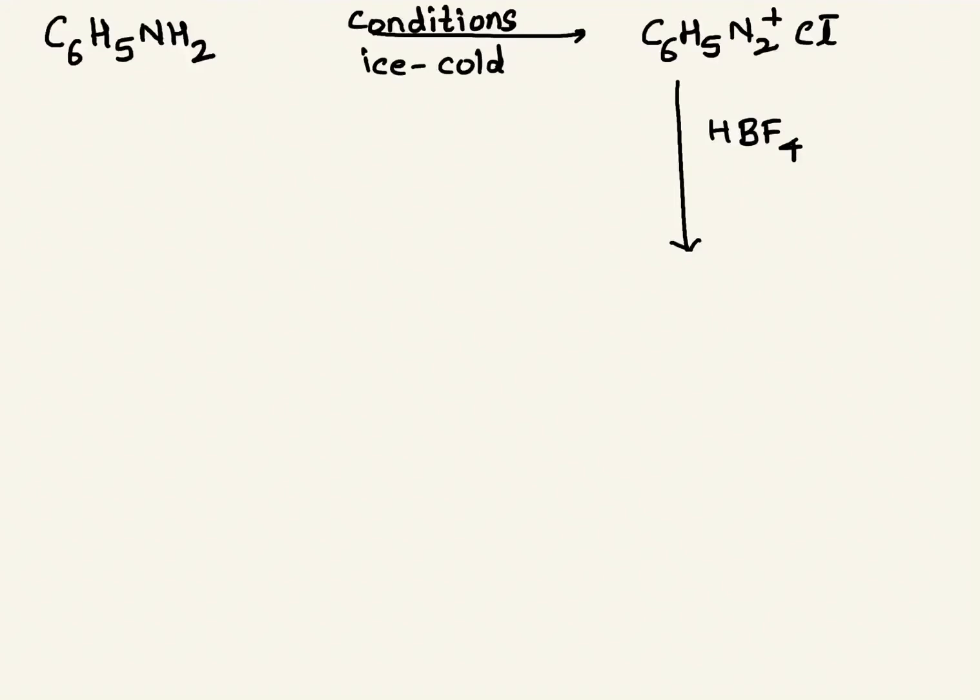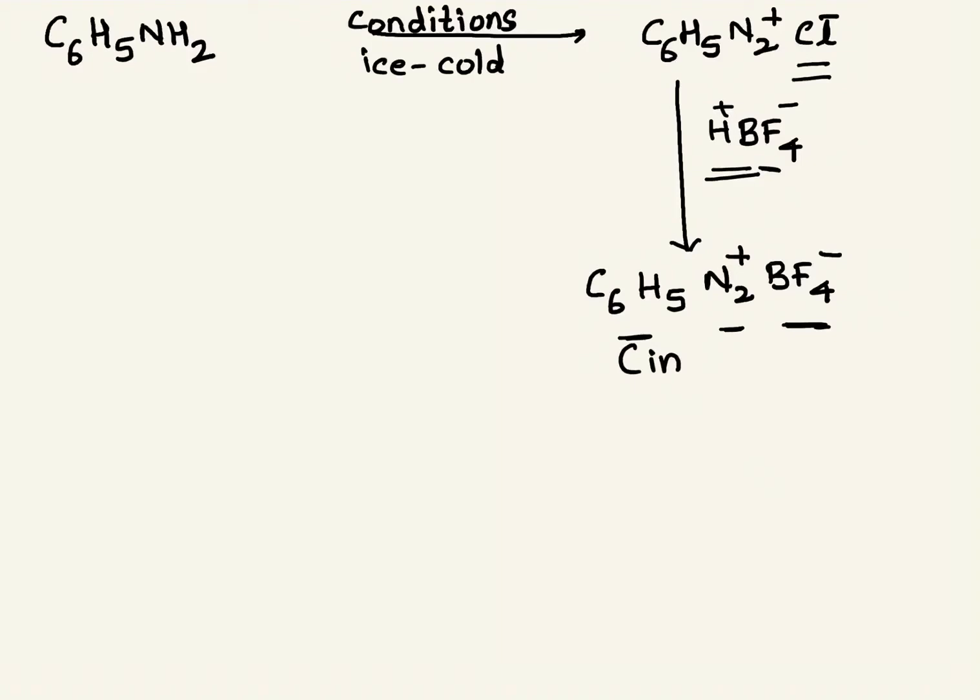So we can use fluoroboric acid over here, HBF4. What do we get? Yes, so we get the chloride ion replaced by the tetrafluoroborate ion. So we'll have C6H5N2 positive, BF4 negative, right?